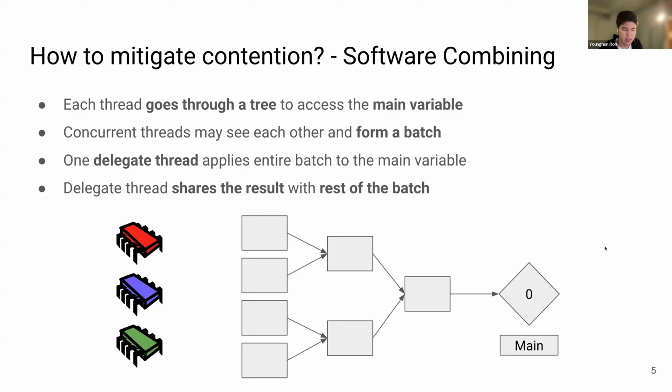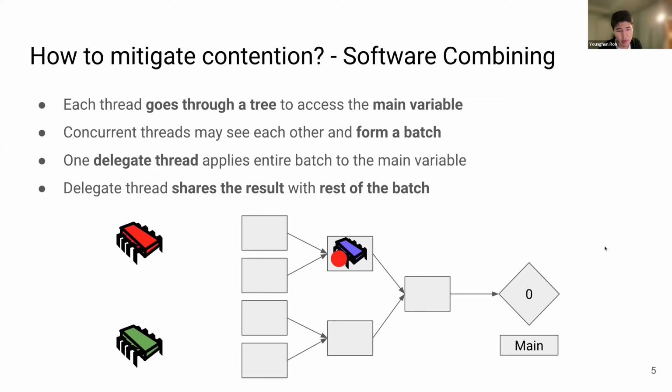For example, in this diagram, you can see 3 threads trying to do fetch&add on main. Let's say the order can be arbitrary. Let's say the red thread goes first, and they all climb through the binary tree to access main. While they are climbing, they might see each other like this. If they see each other and decide to form a batch, then one thread will become a waiting thread and delegate its work to the other one.